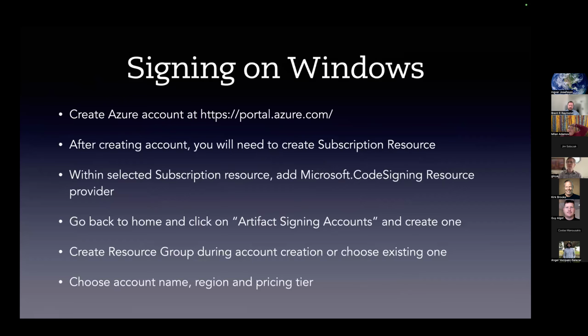So for signing on Windows, you have to create an Azure account on Portal Azure. And of course, the same recommendation: use something else if you have other Microsoft accounts, like for Office 365. After that, you will probably be asked immediately to create something they call a subscription resource.